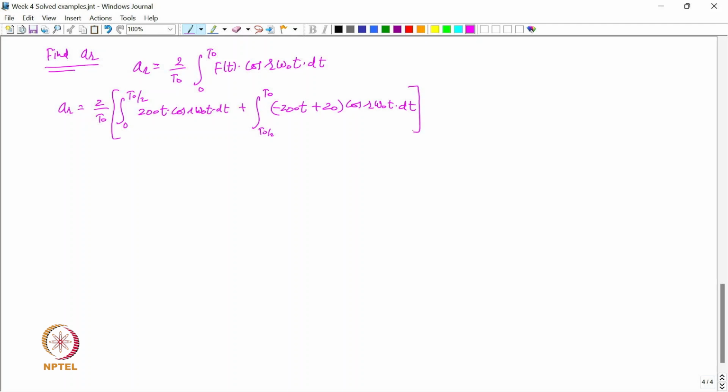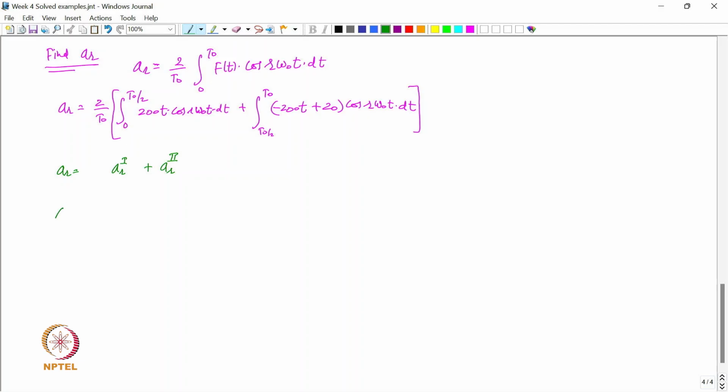So I think we will perform this integral so that you know exactly how the whole process goes, right. So let us divide this integral into two, let us call the first integral a r1 and second as a r2, right, and we will solve them one by one.